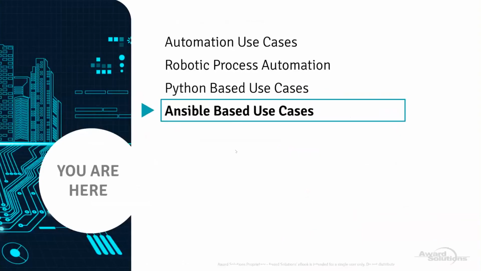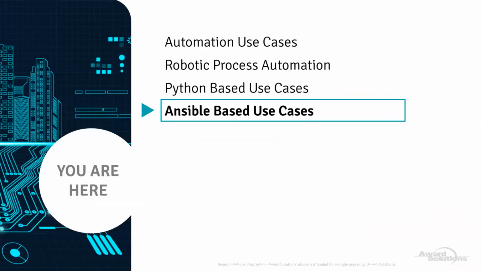So we talked a little bit about automation in general, and we've talked a little bit about robotic process automation, and we talked a little bit about Python. Now, so far, the first two examples were quite different in nature.